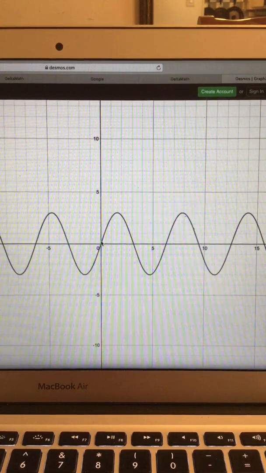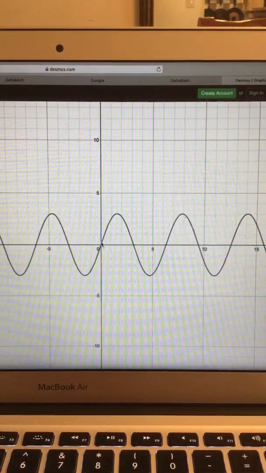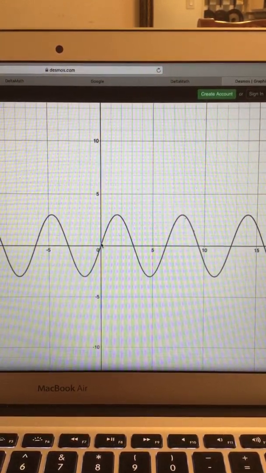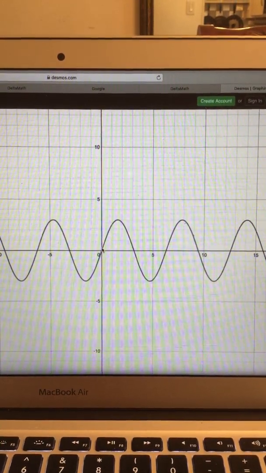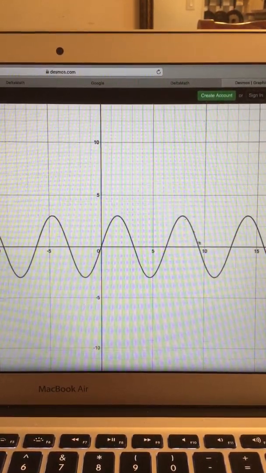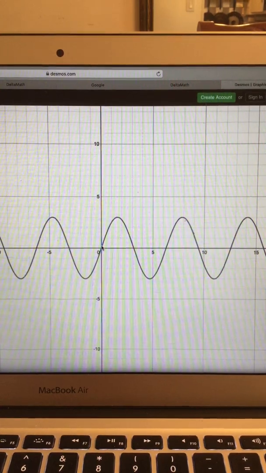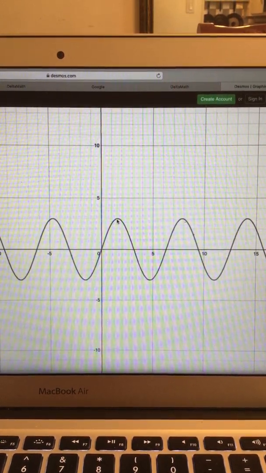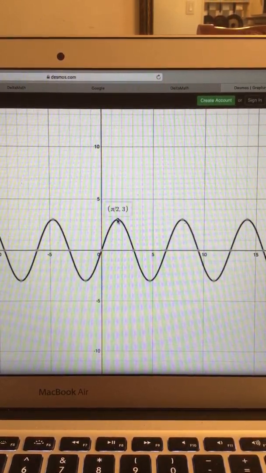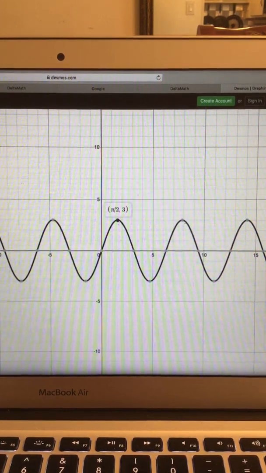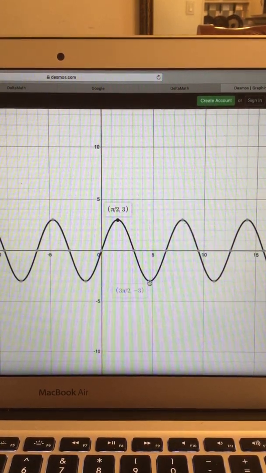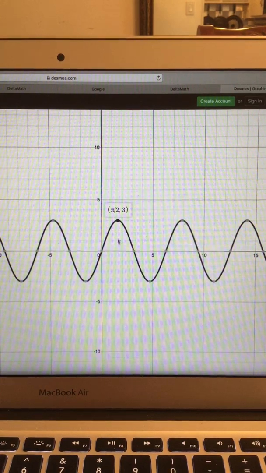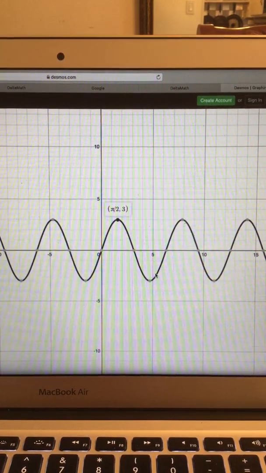The midline of the wave is right here, y equals 0. What's the amplitude? Well, it goes up here. Desmos says it goes up to 3, down to negative 3. So from the midline of the wave, it goes up 3 and down 3.